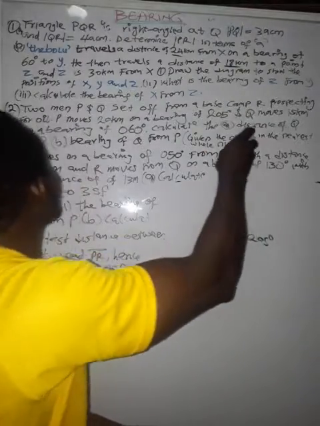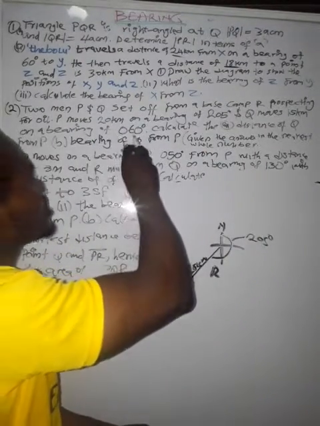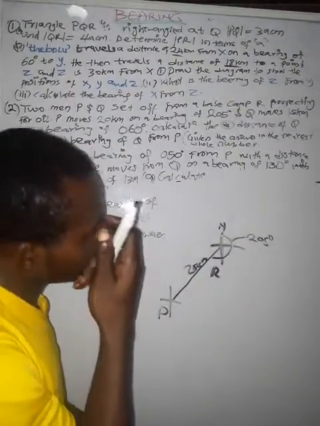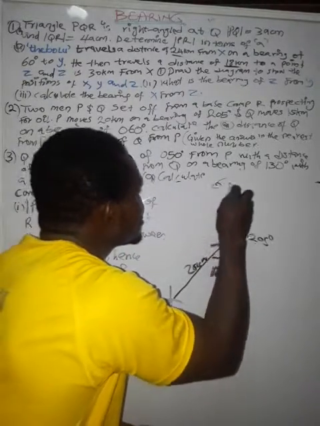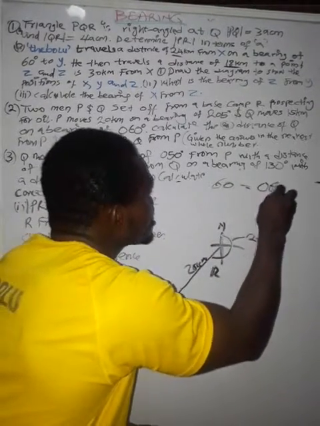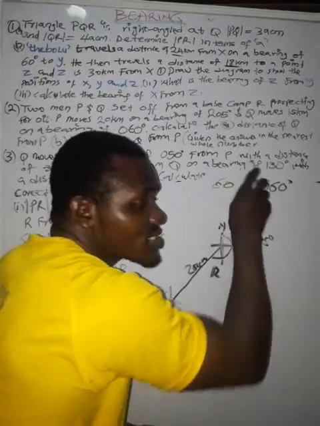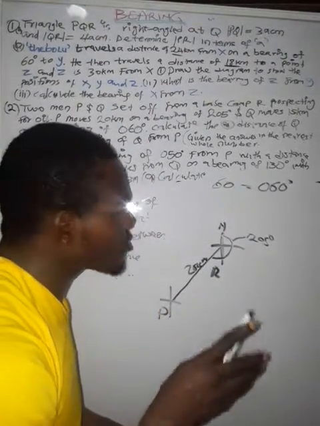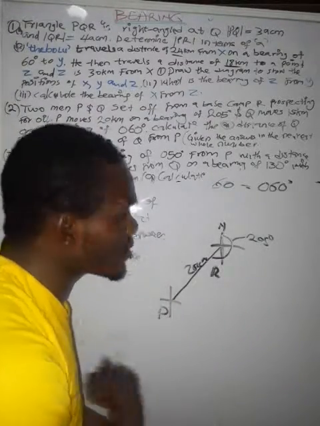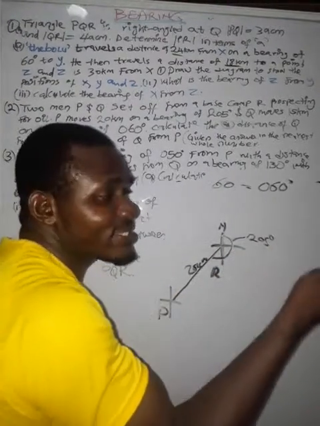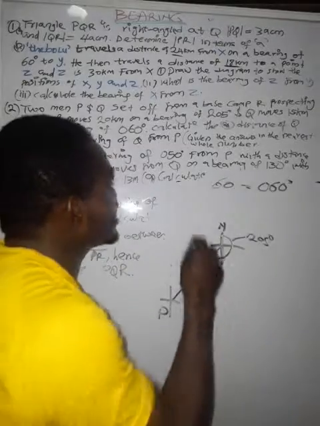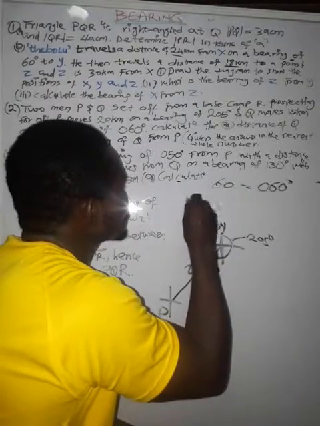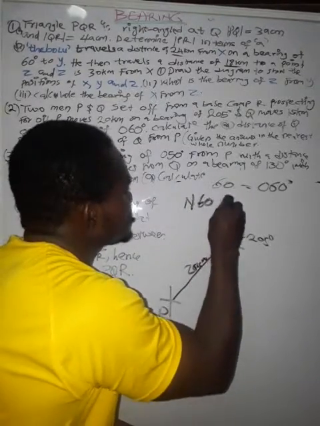It moves 15 kilometers on a bearing of 060 degrees. 60 degrees is the same thing as 060 degrees. When you see the angle in any form, it's the same thing; you are starting from 0. I didn't explain earlier that this can also be written as north 60 east.